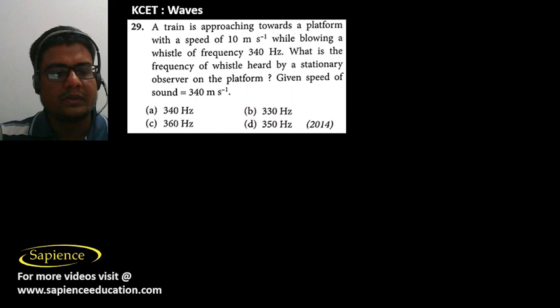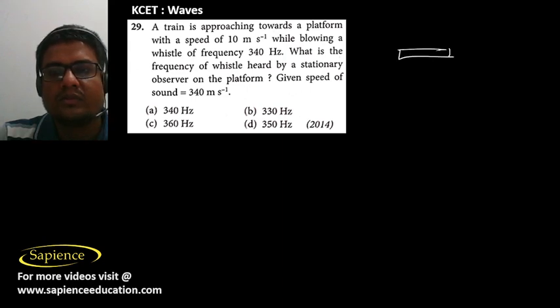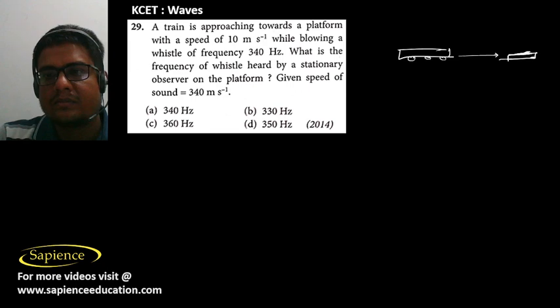Then in question number 29, it is told that a train is approaching towards a platform. Here we have a platform.